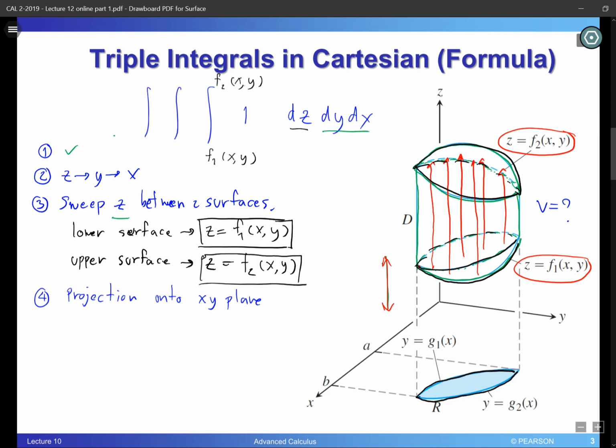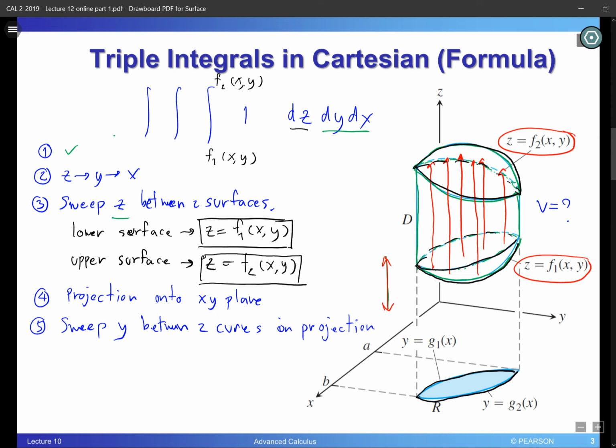Okay, now next step 5, sweep the next variable, which is y, between two curves on the projection.